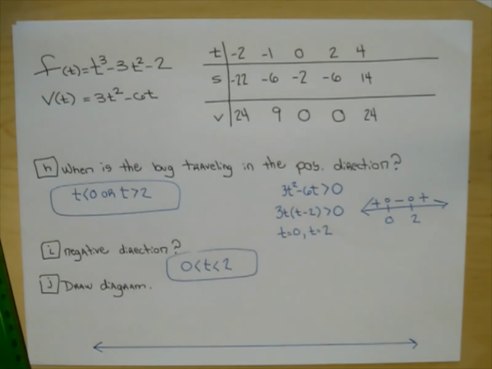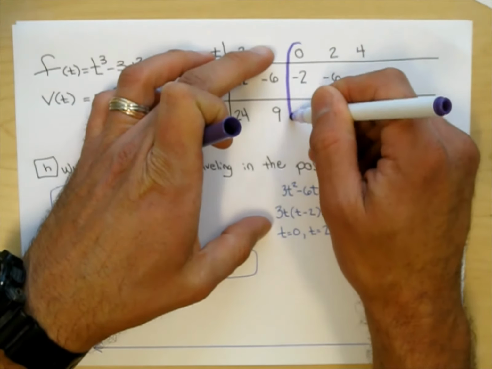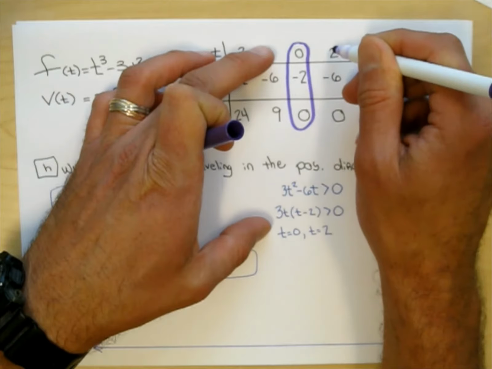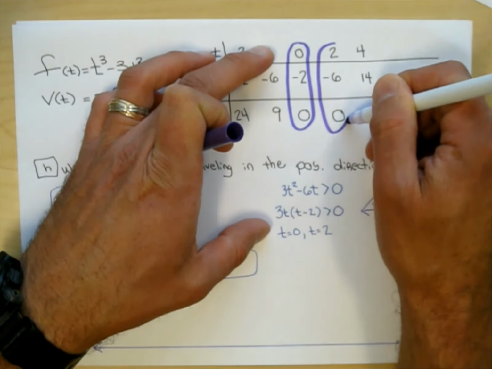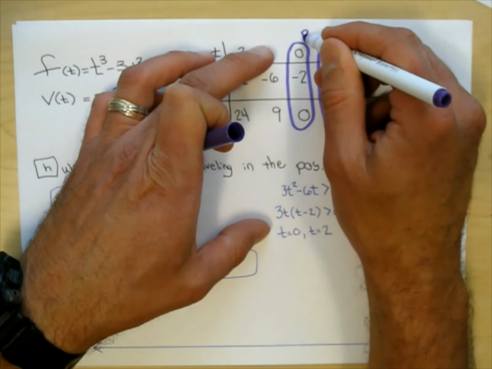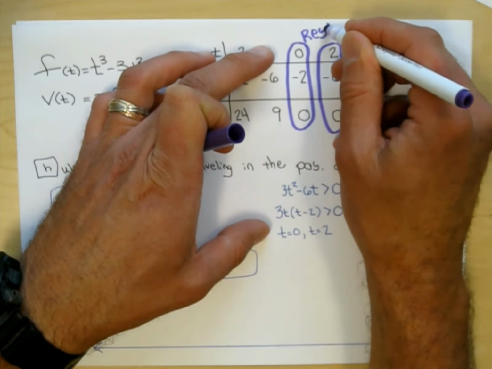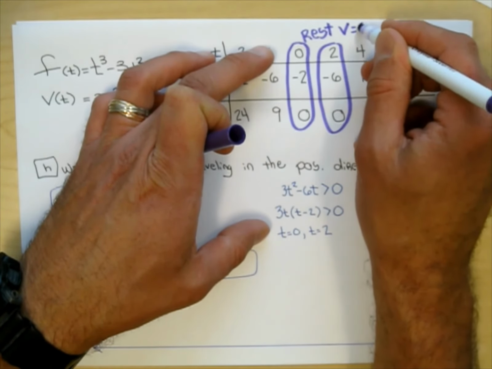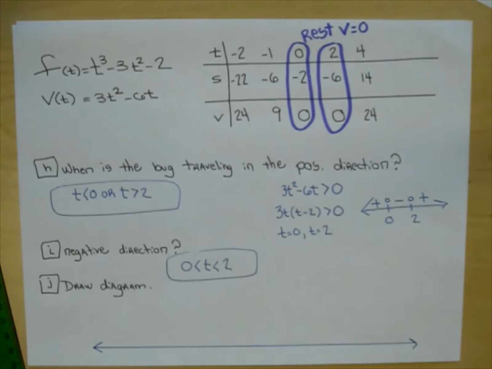When I draw this bug diagram, I want to note the resting times. What color reminds you of resting? That's when the velocity is 0, right there. Rest. That's where V is 0, and that's where sometimes the bug turns around.